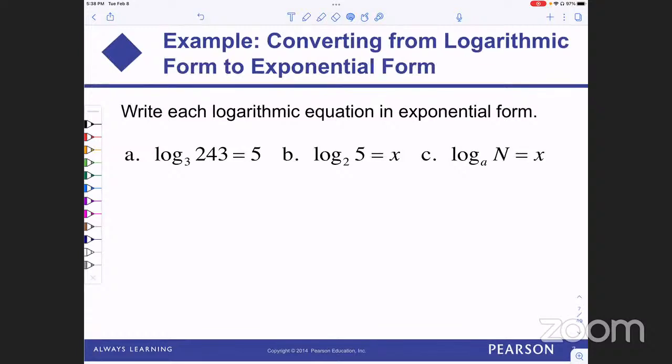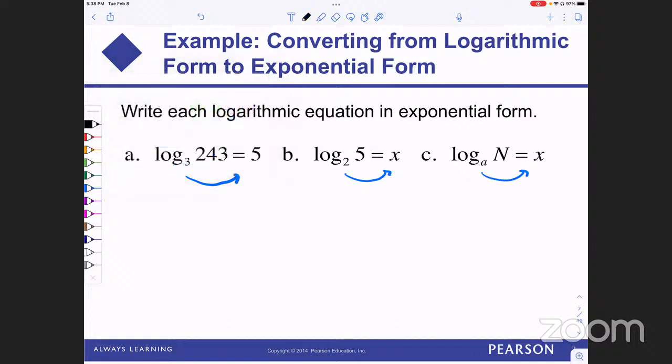Now, we went from exponential to log form. Now we're going to go from log form to exponential form. If you write these logs as exponentials, the base of the log swings to the other side and becomes the base of the exponential.